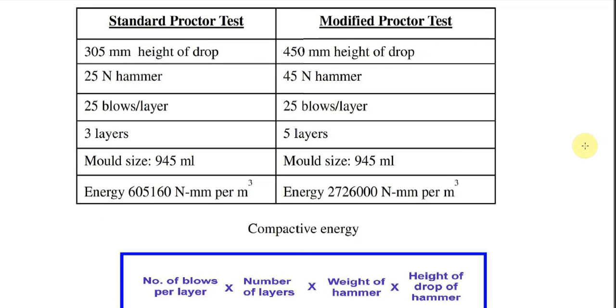And we have two tests because modified Proctor test is conducted when heavy loads are expected. Examples of heavy loads, like when we are constructing runways and we are expecting weight of an aeroplane to land on it, or when we are constructing expressways, or when we are constructing military roads, where heavy weight vehicles like tanks and army vehicles are expected to run on those roads.